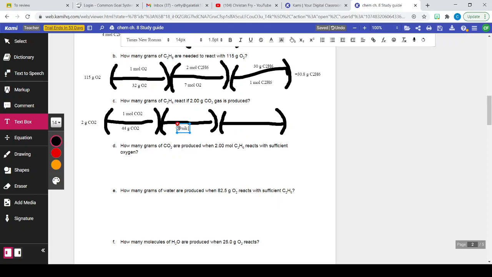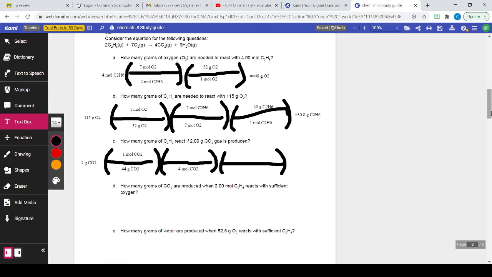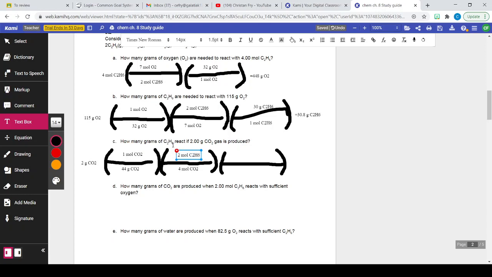So 4 moles of CO2. I want to get to C2H6, ethane gas, and that is 2. Now on bottom here is going to be my 1 mole of C2H6. And we saw up here where that weighed 30 grams.